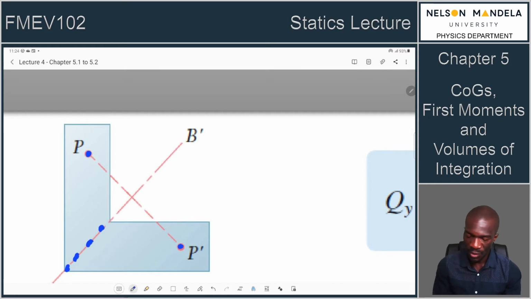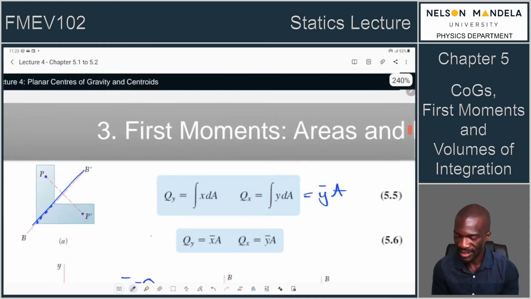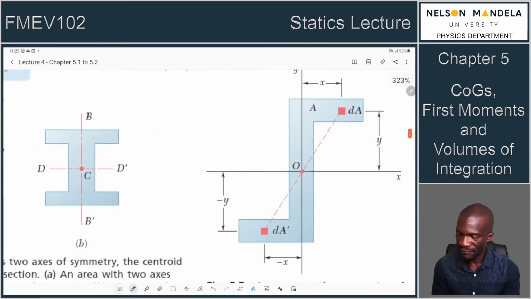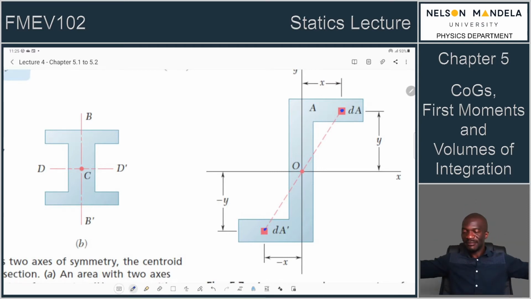If you were to fold this object along this axis, you can't see the difference between P and P prime at that location. If you look at these points symmetrically, they are equidistant from the origin, right?